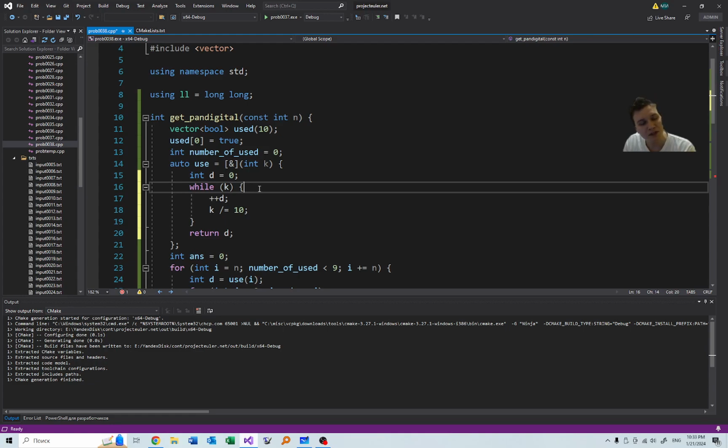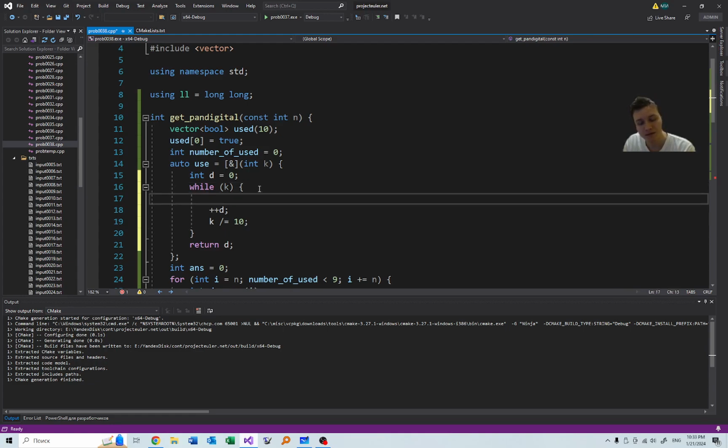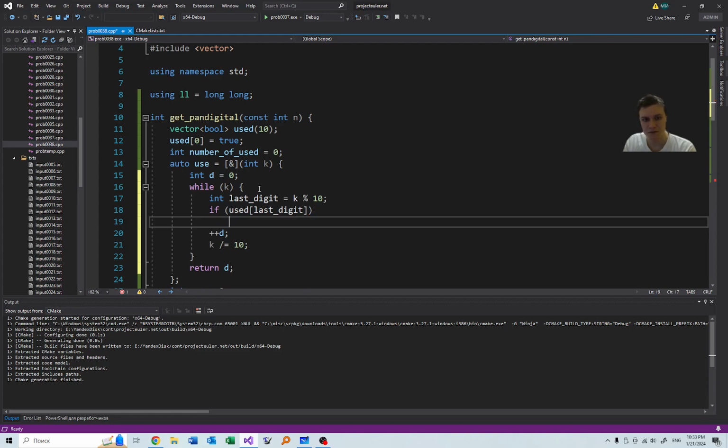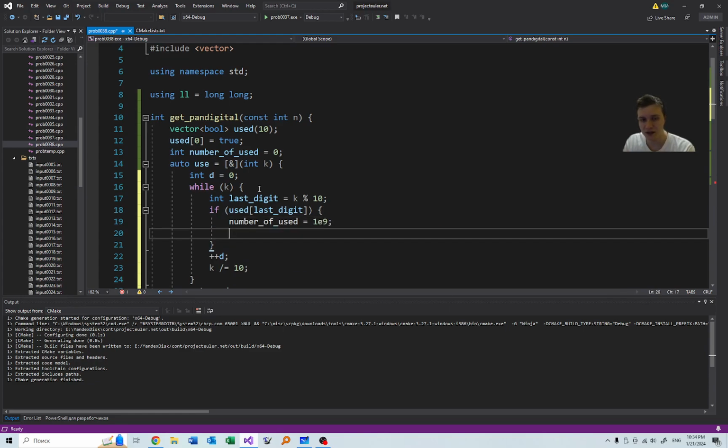However, we also need to work with used. So let's look at the last digit. And if it is already used, then we say that number of used is 10, bigger than 9, and return 0, for example.